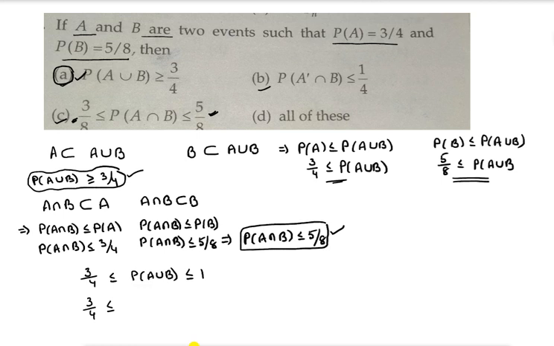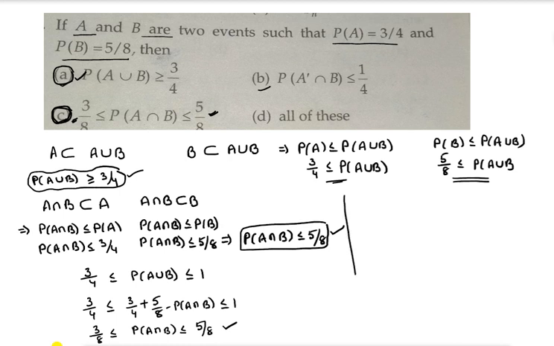By the formula, you know, P(A), that is 3 by 4, plus P(B), that is 5 by 8, minus P(A intersection B) is less than or equal to 1. So from this, after complete simplification, we can say 3 by 8 is less than or equal to P(A intersection B), which is less than or equal to 5 by 8. So that's why we can say the third option is also correct.